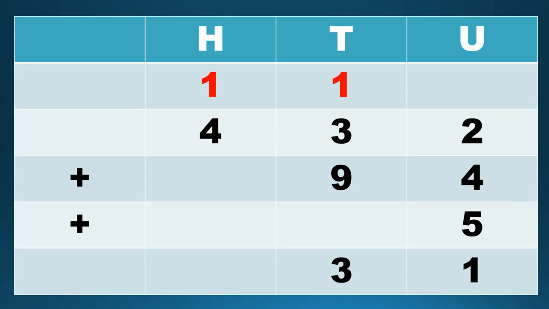The answer is 13. So 3 is in the tens place and we carry over the 100s to the hundreds place. So there's nothing to add here with 4 except the carryover. So 1 plus 4. You are correct. The answer is 5. So our answer is 531.